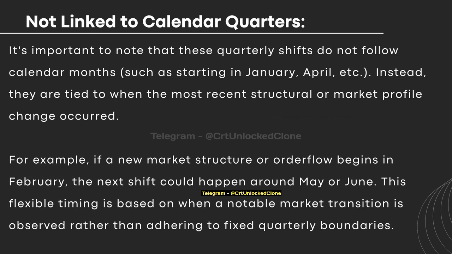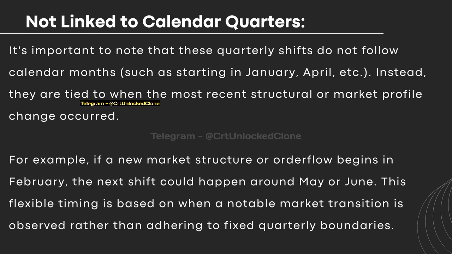But in quarterly shift, you have to look at the current and previous price action and decide it based on that, right? It's dynamic. For example, if a new market structure or order flow begins in February, right? Meaning let's say the last 3 months from November to January were bullish, and now in February we had a structural shift in price action, right? Then based on this you can expect the next shift to potentially happen around May or June, considering the conditions are favorable, right?